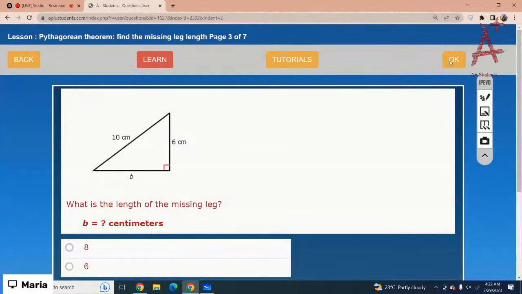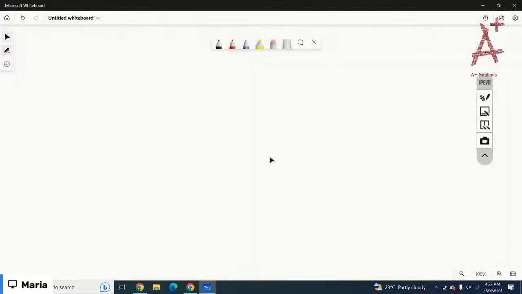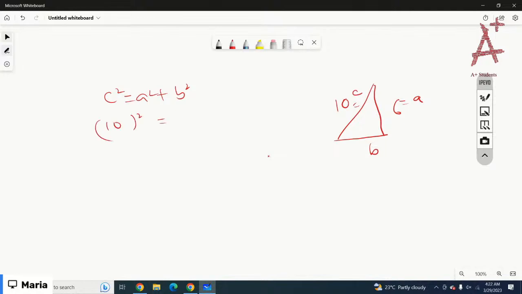Okay, what is the missing leg? You are given the hypotenuse, that is 10, and 6. You need to calculate the b. 10, 6, b. That would be c. That would be a. We know that the Pythagorean theorem is c square equals a square plus b square. C is 10, 10 square. A is 6, 6 square. Move 6 square to the other side.